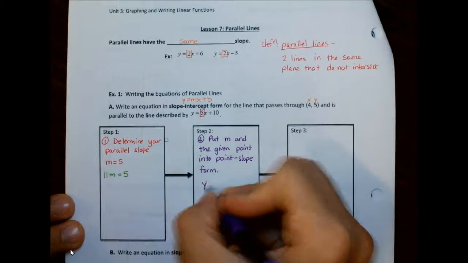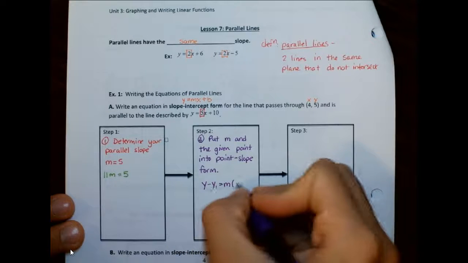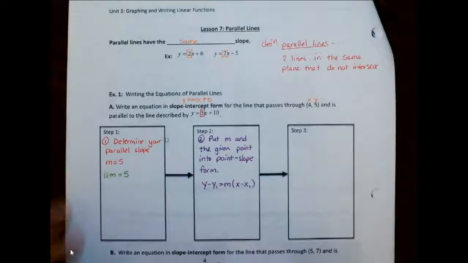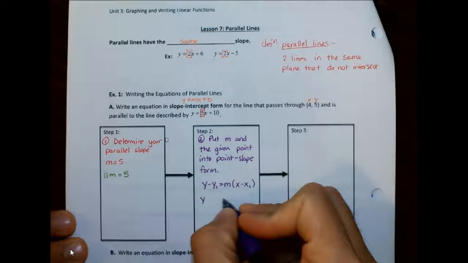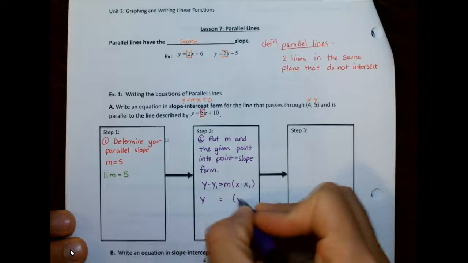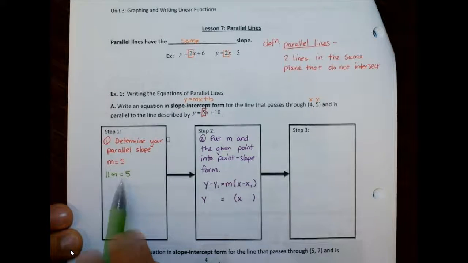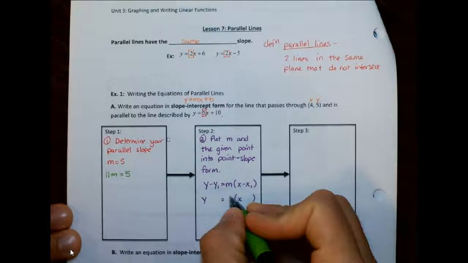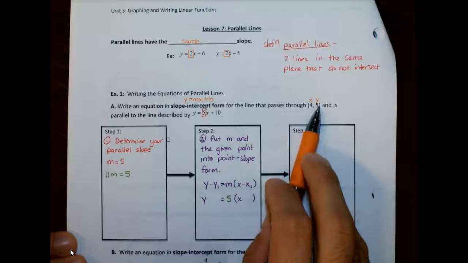Remember, point slope form is y minus y1 equals m times x minus x1. So I'm just going to do some simple substitution. You know that y is going to be in the problem, and you're always going to have an x in the problem. So I'll first substitute in my parallel slope. So that is going to replace m, so I'm going to put 5 in its place. And then they give me the point (4, 5).